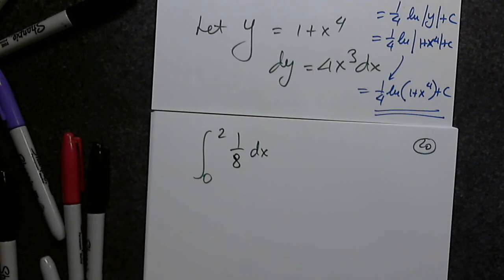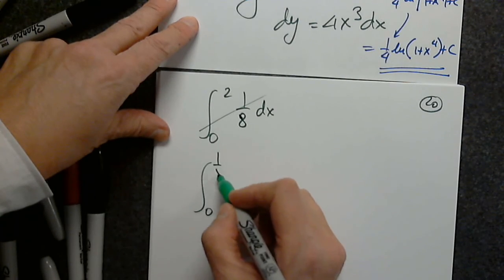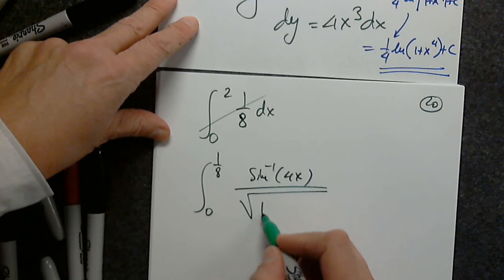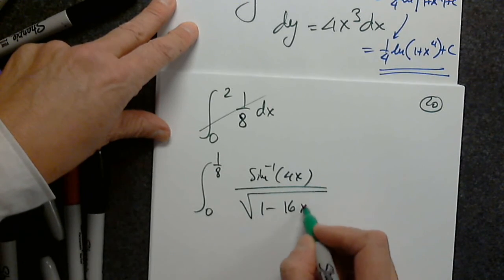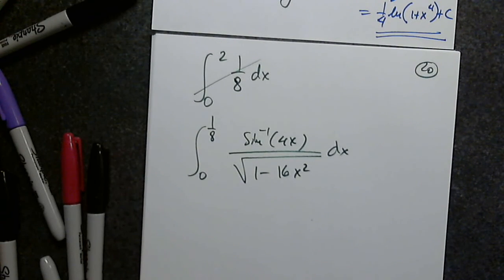So the integral from 0 to 1/8 of sine inverse 4x divided by the square root of 1 minus, is it 16x squared, dx? Yes. So sine inverse 4x, yes, you can take it. It's fine. I got it. Okay, very good. Awesome example. Thank you.